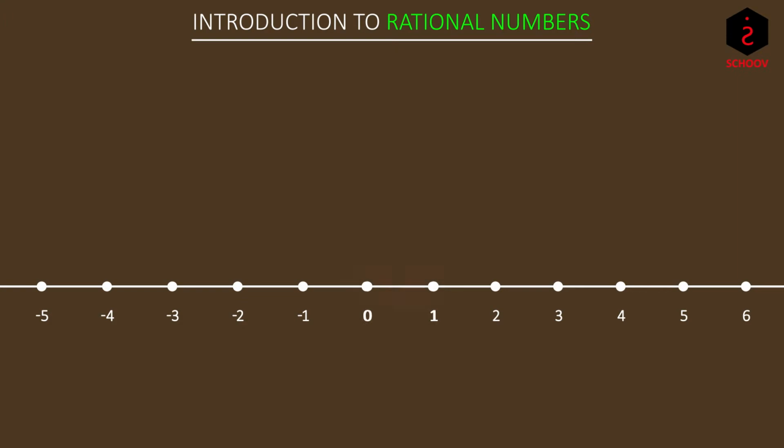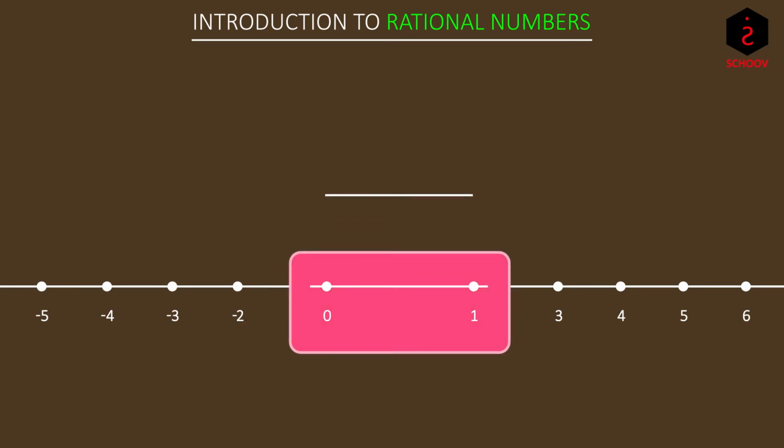Take the line between 0 and 1. Bend it and make a circle. Now divide the circle into 2 halves using a diameter. We get 2 equal halves, or what we know as semicircles. So this exact middle point between 0 and 1 is half, or 1 by 2.